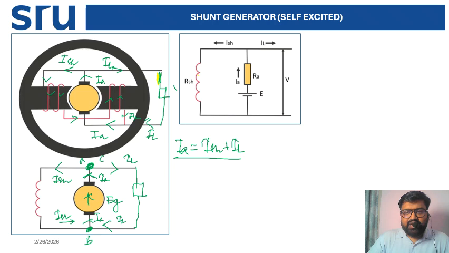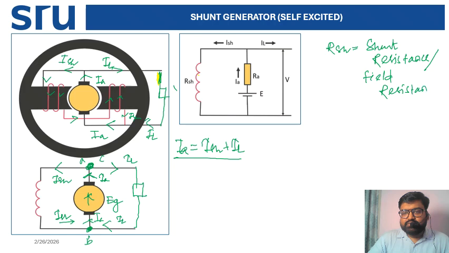Here, don't be confused: RSH you can write as shunt resistance, or you can write it as field resistance. Now come to RA. What is RA? It is nothing but, as we already wrote in many cases, the armature resistance.